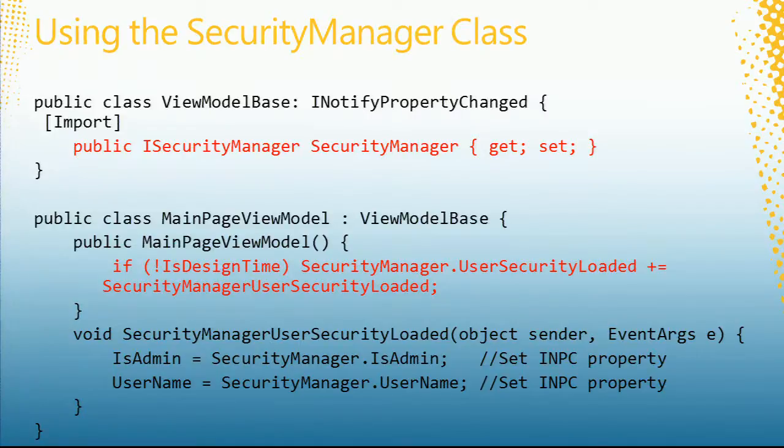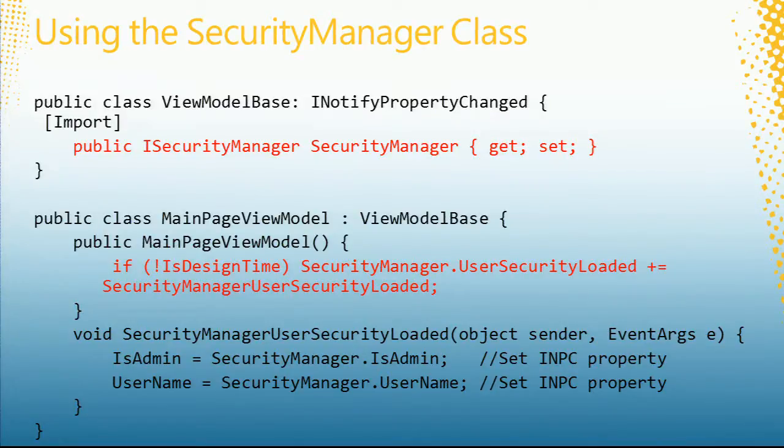So what I'm going to do is go into the view model base. I use a little MEF. Is anybody using MEF in here at all? A big three of you. For the rest of you, it's just a way to dynamically inject pieces at runtime that I want to use. So I'm going to inject in my security manager. Then I'm going to go into my main page, and in fact, we're actually going to do the home page view model.